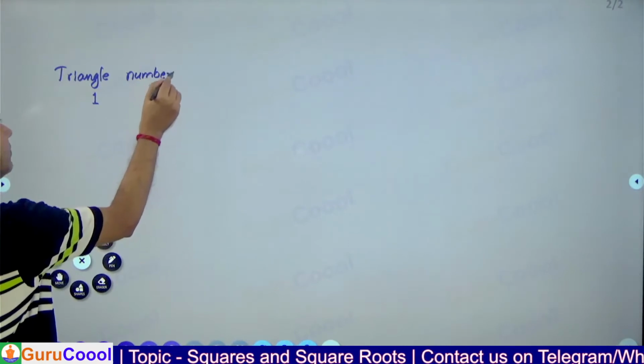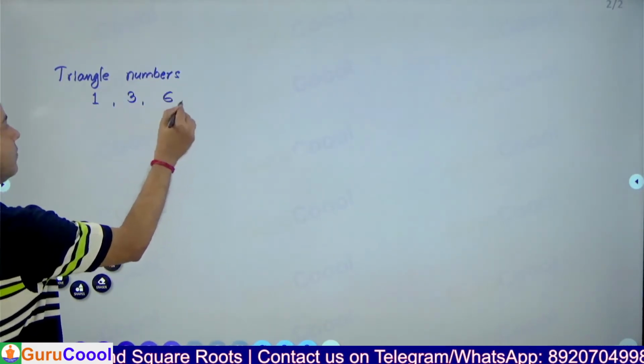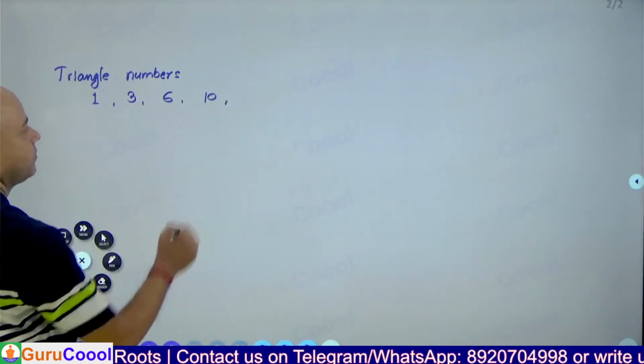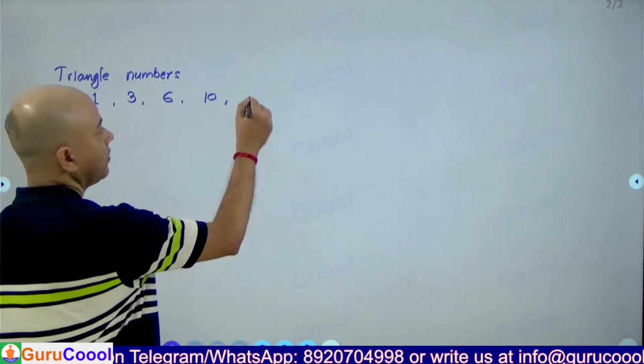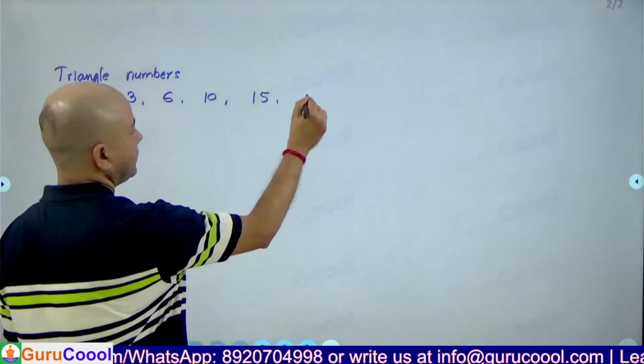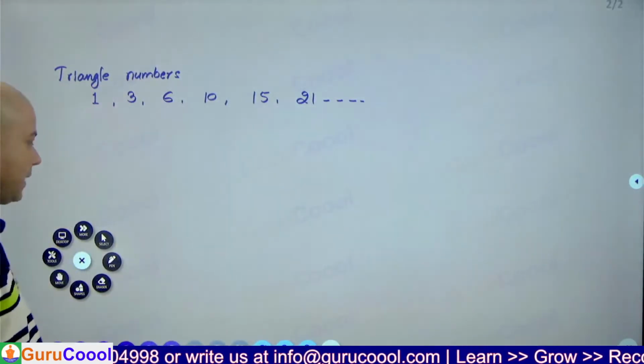Next, 10. Next, 15, then 21, then 28. These are triangle numbers. Correct?